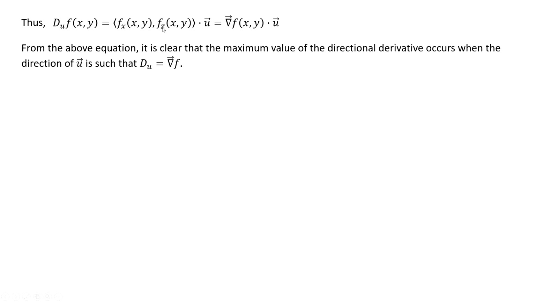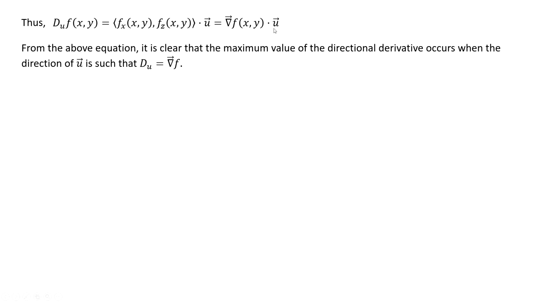There should be a y. I'll fix it. F sub y at that point, that part is fixed. But then when you start taking a dot product with vectors in different directions, that dot product is going to change. So along one particular direction, this would have a maximum value.